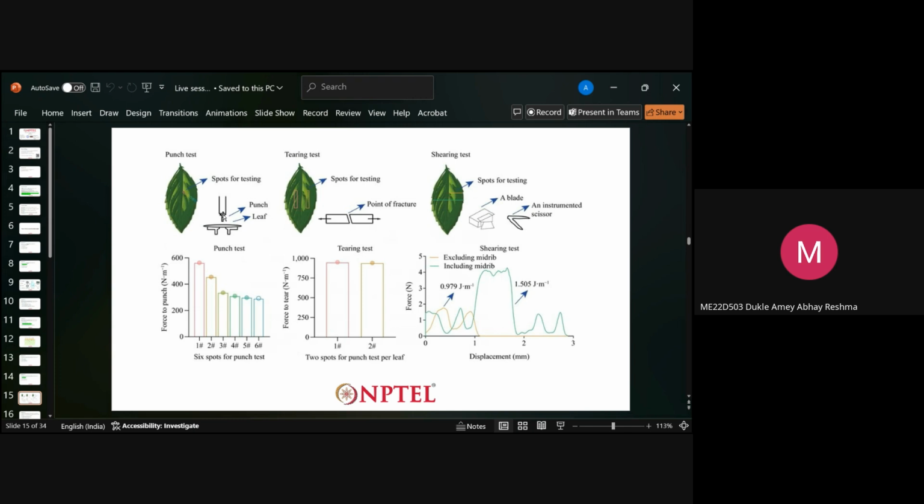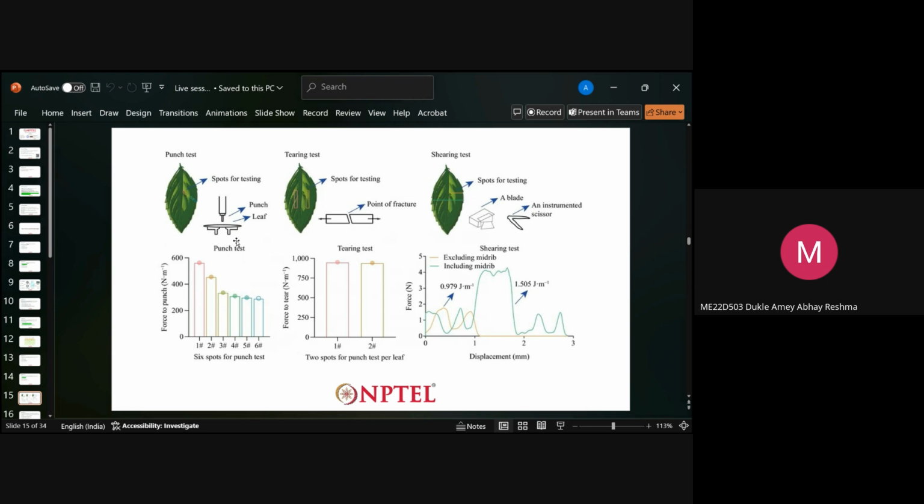These are the other tests which are done. These are the punch tests, and the shearing tests are also done. The punch test is basically you keep the leaf and then you punch it. So you can see how the punching setup looks. In shearing, basically shearing is tearing. How do you tear a book page? In shearing, you tear it the way you would tear a page apart from a book.